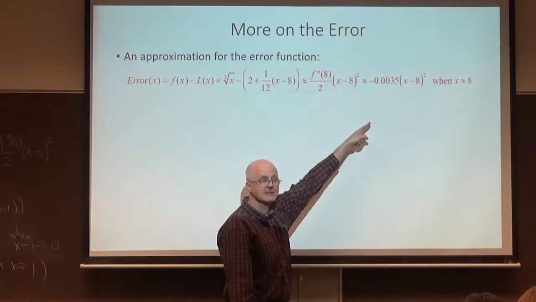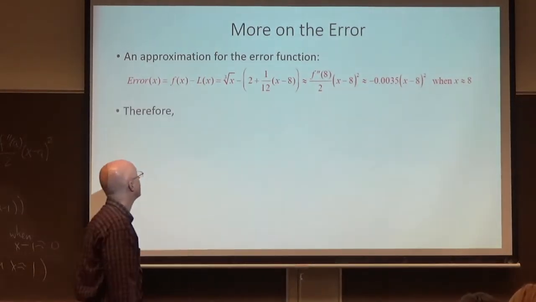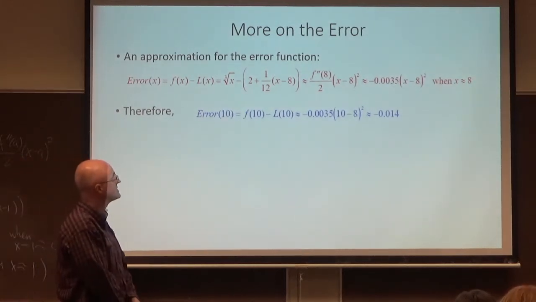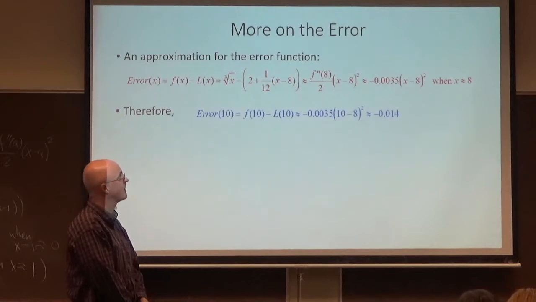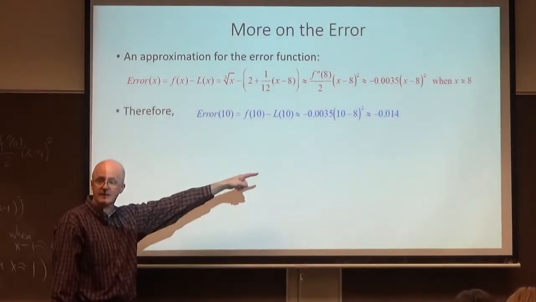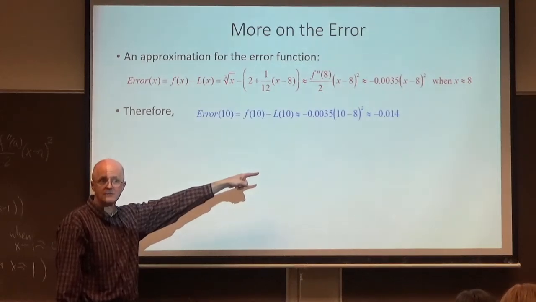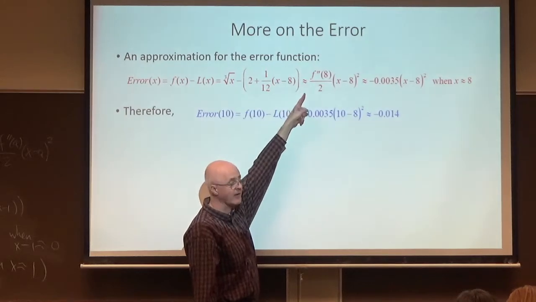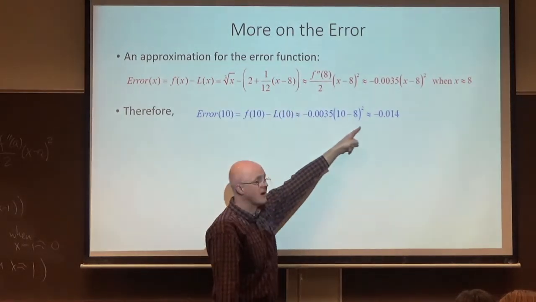Check it out after class. Therefore, the error at 10 by this approximation is about negative 0.014. Now that's not the error we found from the previous slide, but it's fairly close.